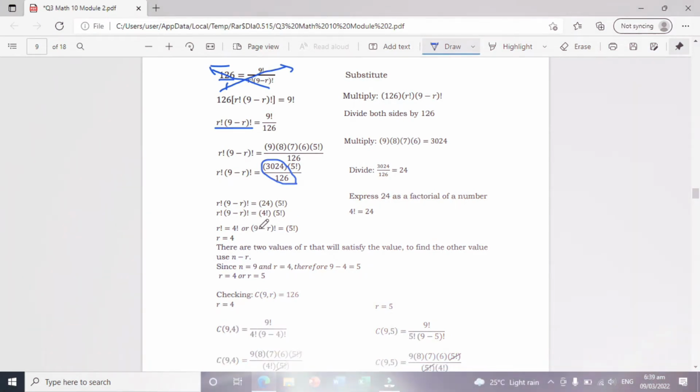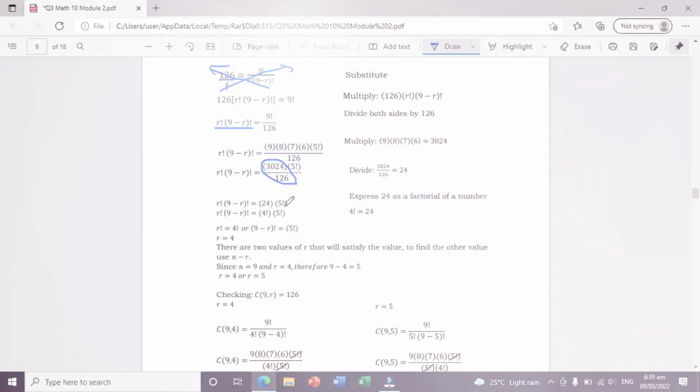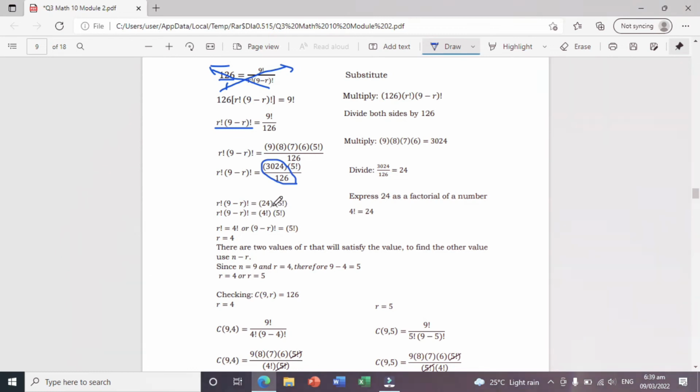That's possible. But here, R factorial times 9 minus R factorial equals 24 times 5 factorial. And 24 can be expressed as 4 factorial. So, 4 factorial times 5 factorial.